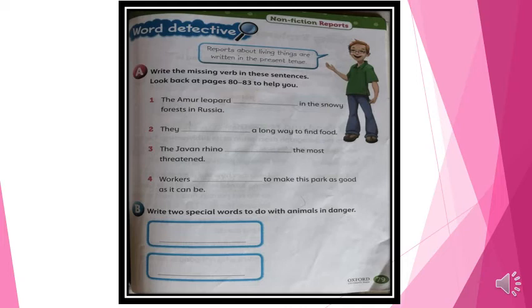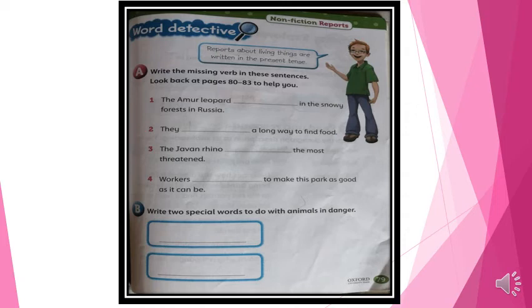The armor leopard ___ in the snowy forest in Russia. So which is the verb which will come here? They ___ a long way to find food. The Javan Rhino ___ the most threatened. Number 4 is workers ___ to make this park as good as it can be.